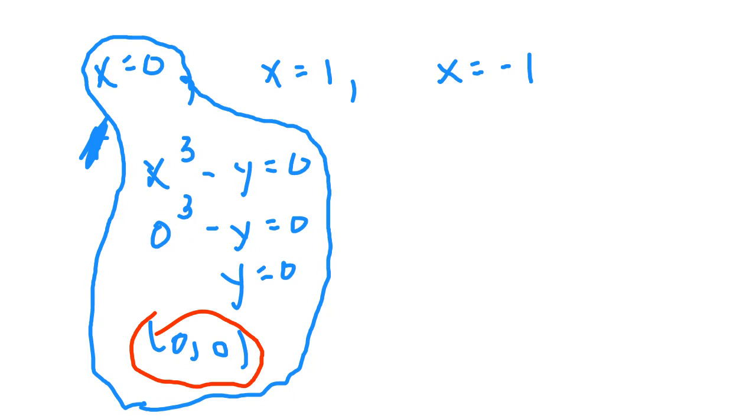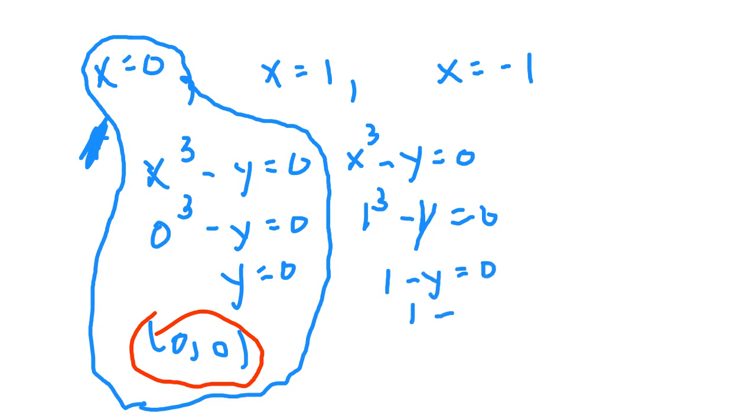Now when x equals 1, again, because one of the equations we had was x cubed minus y equals 0, well, 1 cubed minus y equals 0. So 1 minus y equals 0, so 1 equals y. And so (1, 1) is another critical value.